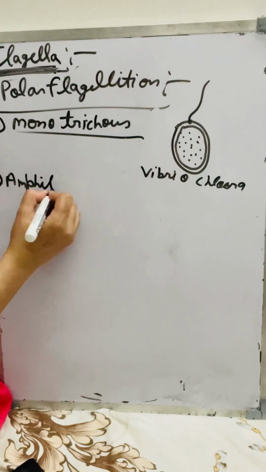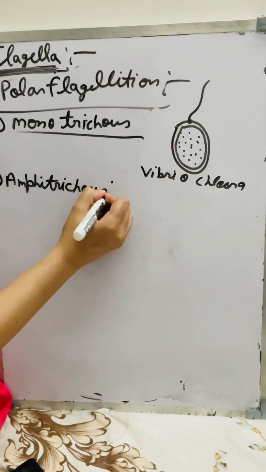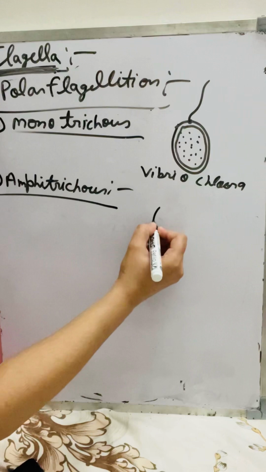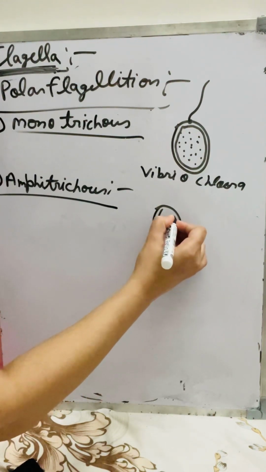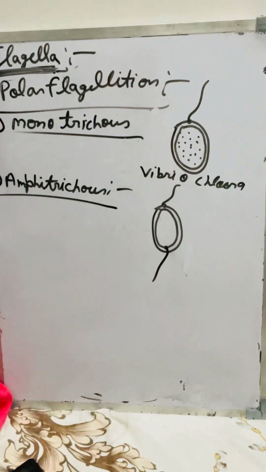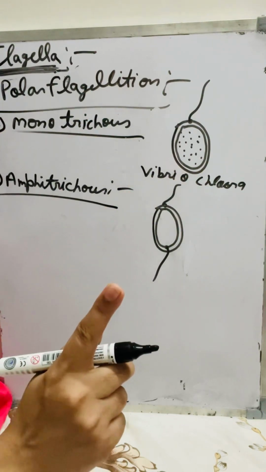Amphitrichous bacteria. See the diagram and you can easily identify what it's showing. It means both sides have one flagellum.